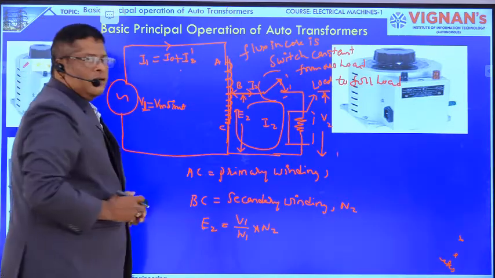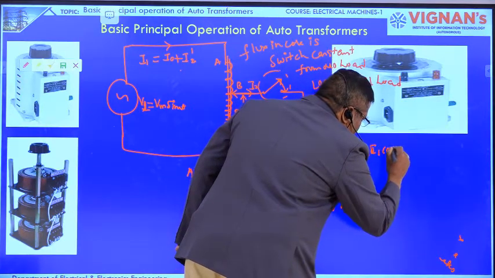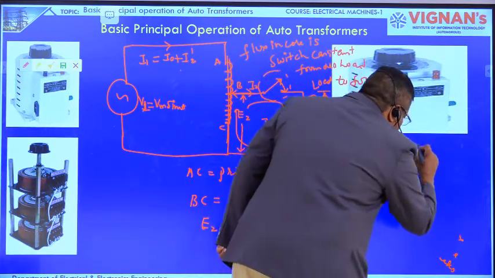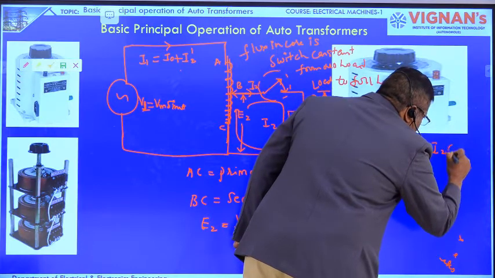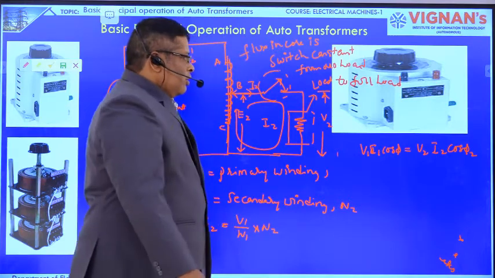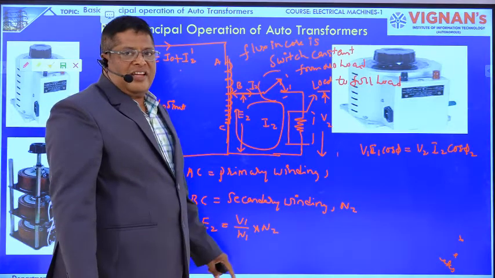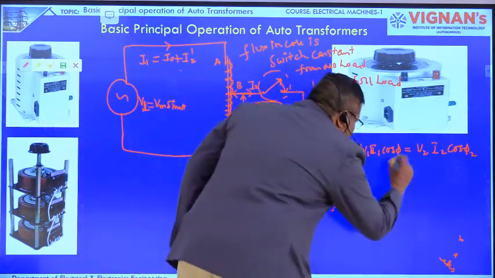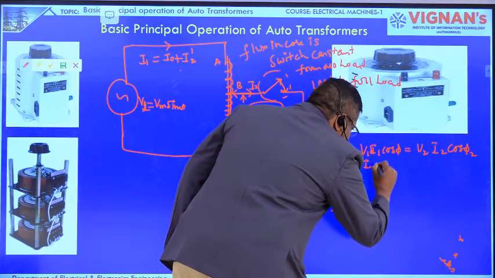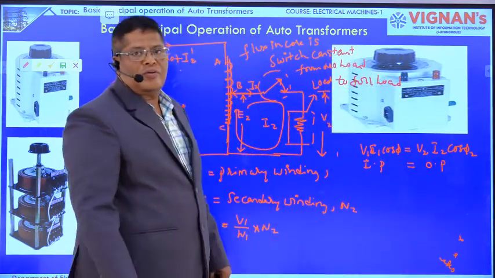Here we are writing: the input power equals V1 I1 cos phi 1, equal to the output power, whereas output power equals V2 I2 cos phi 2. Whenever the losses are neglected, the input power is equal to the output power.